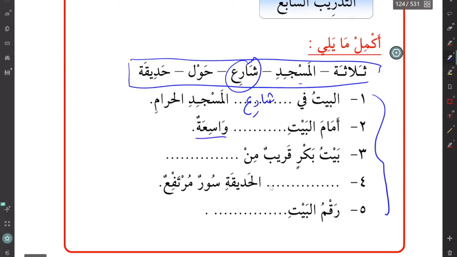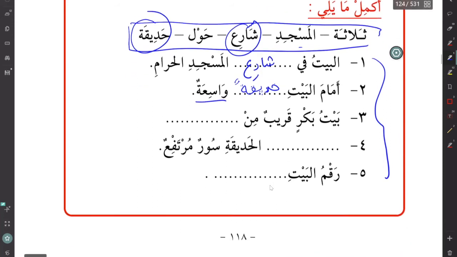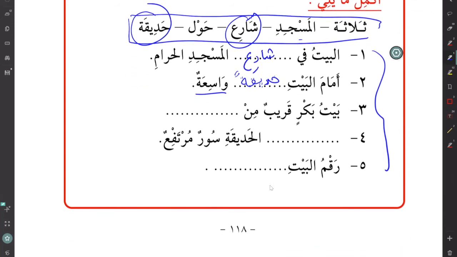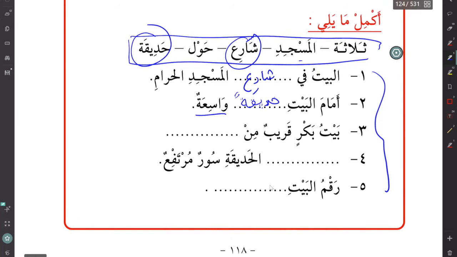Now, then we have amam al-bayti, the front of the house is what? We have wasi'atun, looks like it's going to be hadiqah. Hadiqatun wasi'atun. Okay, the front of the house is a wide, spacious garden. And then we have baytu Bakrin qaribun min, the house of Bakr is close to what?